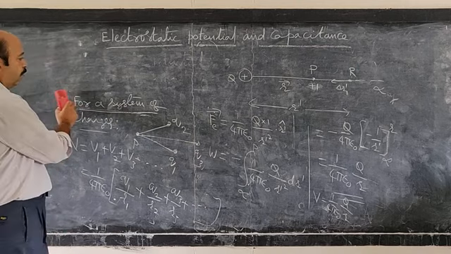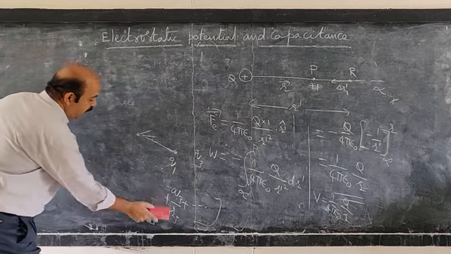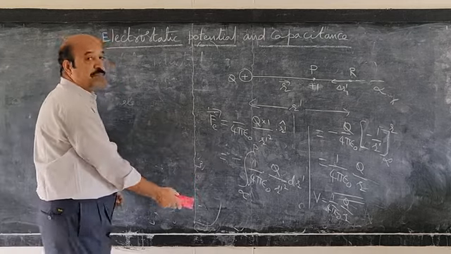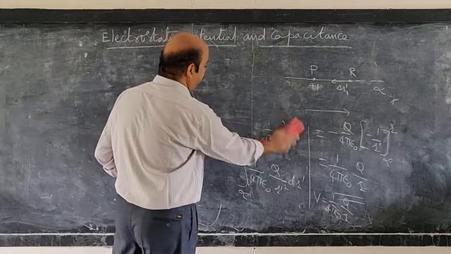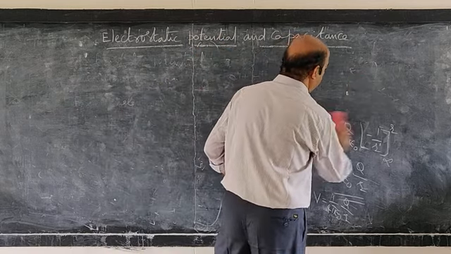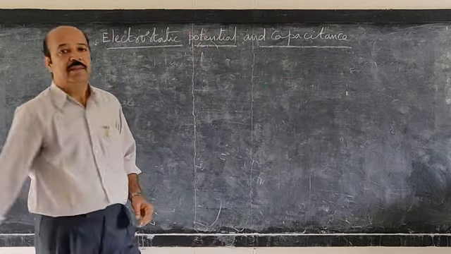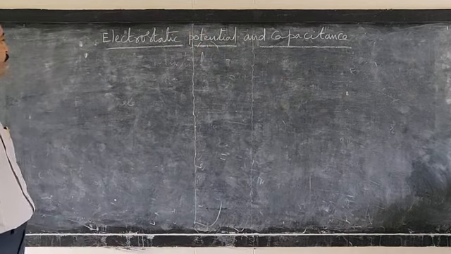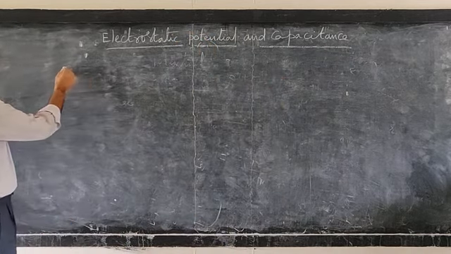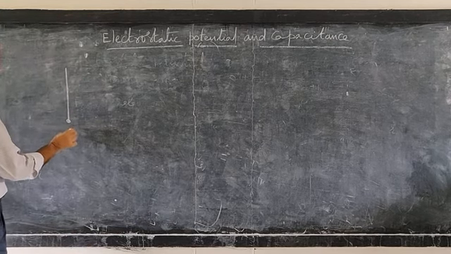Okay. Now we will go for a dipole. In the case of an electric dipole, how are we going to find the electrostatic potential at a point? So you will see something different in this case. You know, an electric dipole has two equal and opposite charges.